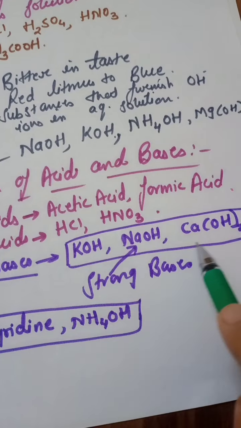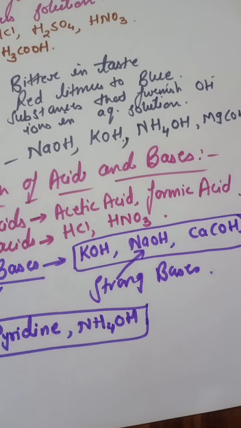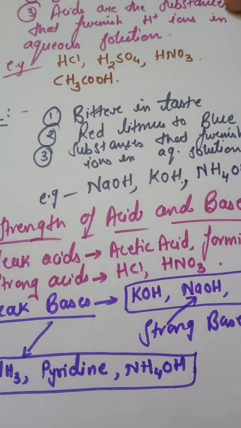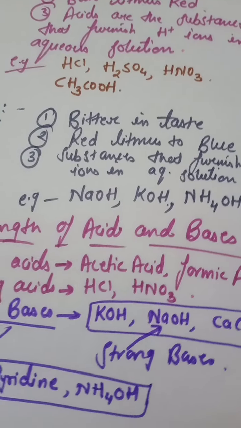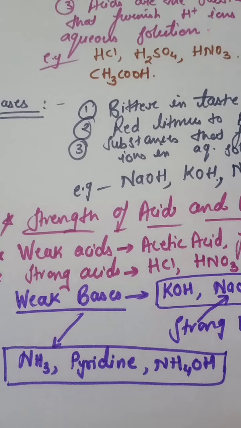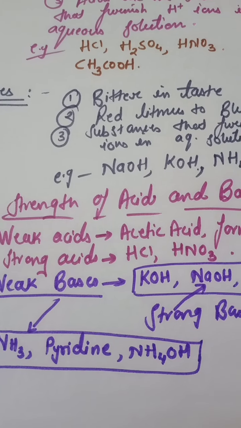So these are the examples of strong bases. I hope you have understood. Note down the important points, dear students, and note down the examples of weak acids, weak bases, strong acids and strong bases.